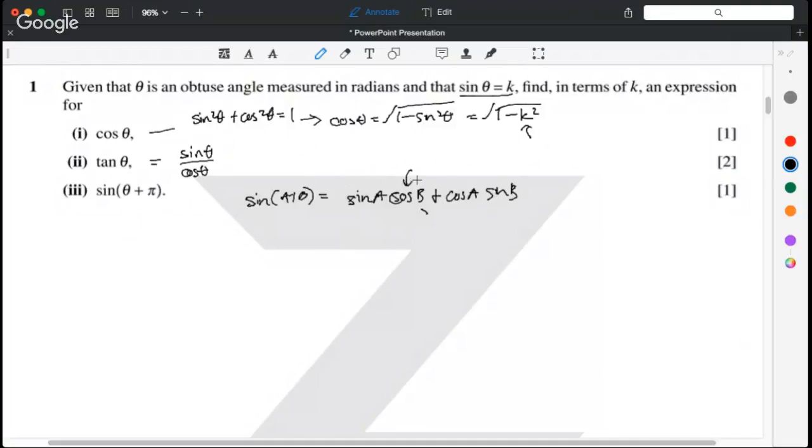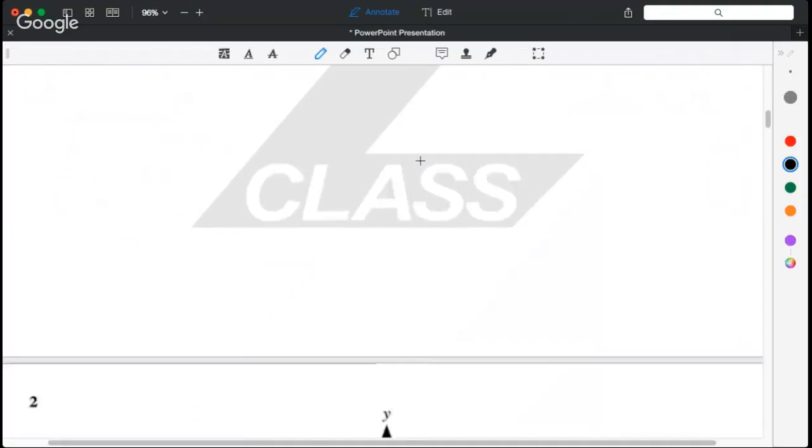So what is the cosine of pi? Well, it's minus 1. What is the sine of pi? Well, it's 0. So that term disappears. So you've got minus sine of theta, which is minus k. And that's all they require from you. So it's just pumping through the formula booklet stations.